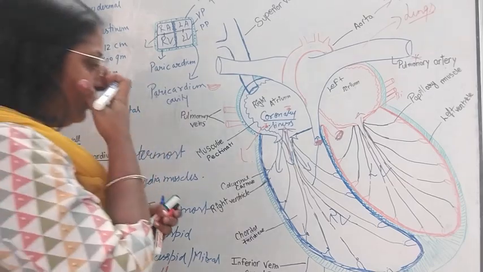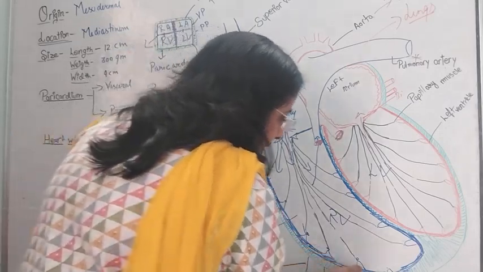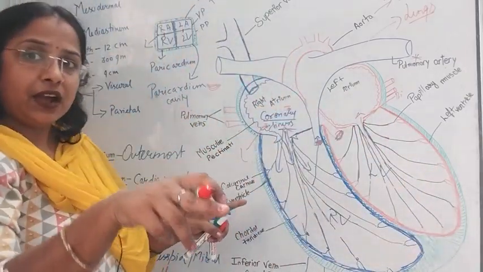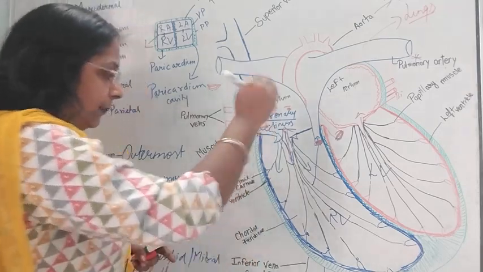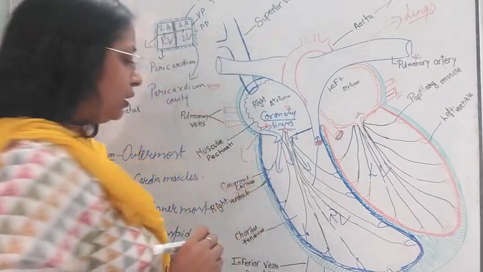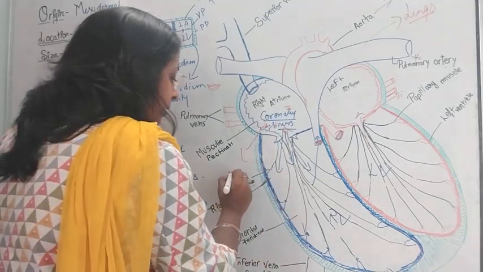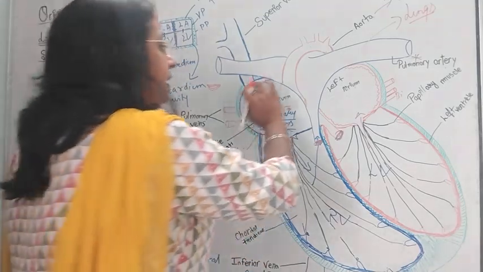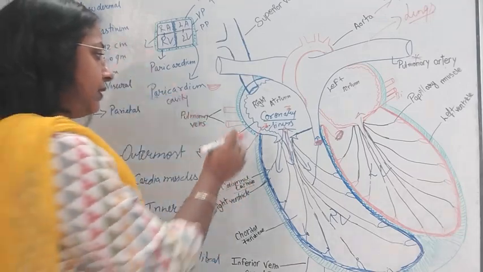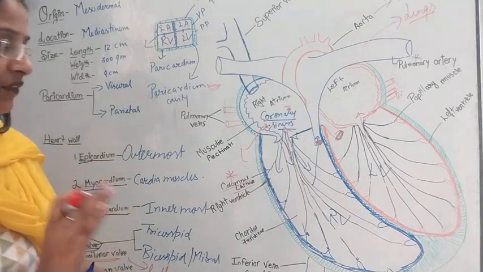Okay, there are also some structures here, only in the ventricles. The ventricular heart wall has some column-like projections known as columnae carneae. Columnae carneae are associated only with the ventricles. They are never present in the atrium, whether right atrium or left atrium.